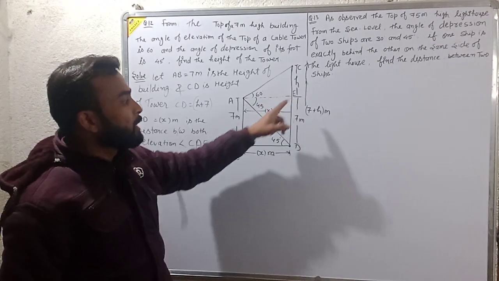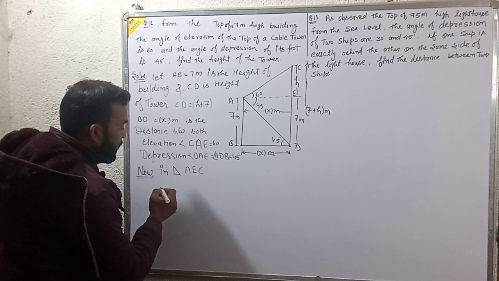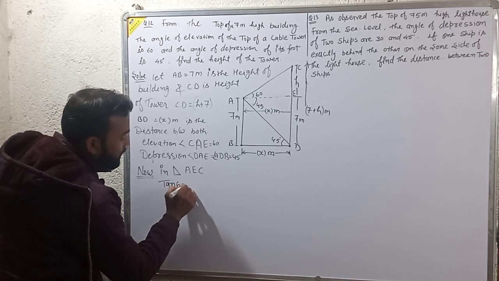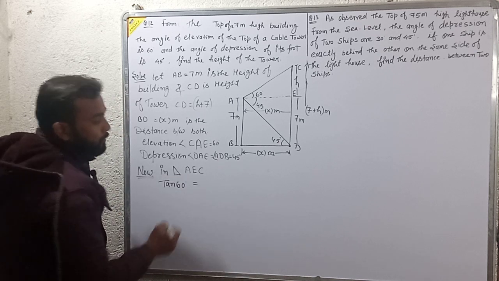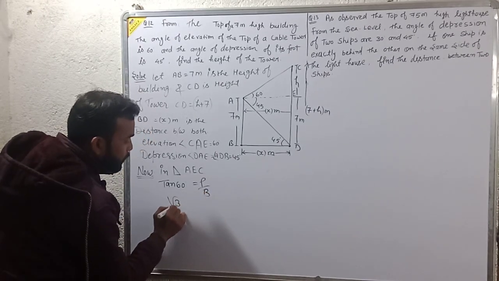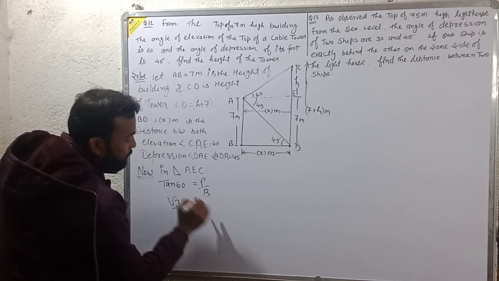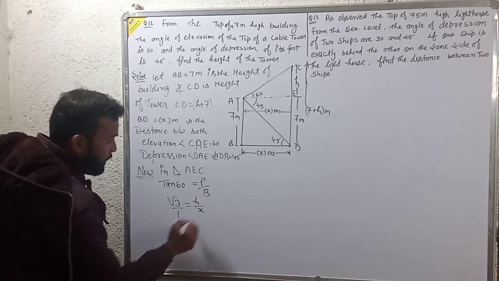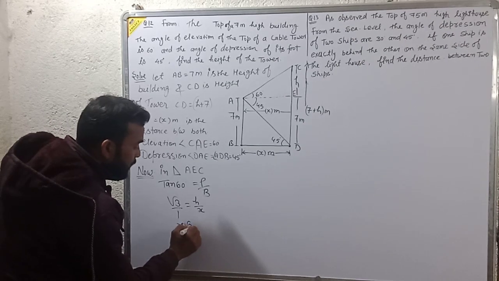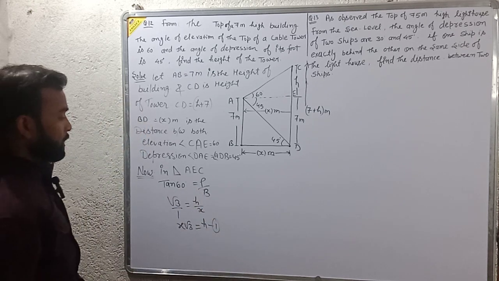The relationship between base and perpendicular comes in tan. So tan 60 degrees is equal to P by B. Tan 60, that means root 3 by 1, is equal to h upon x. It will be x root 3 is equal to h. This is equation number first.